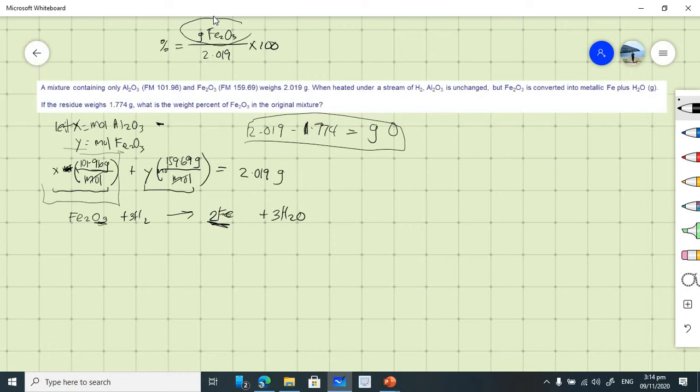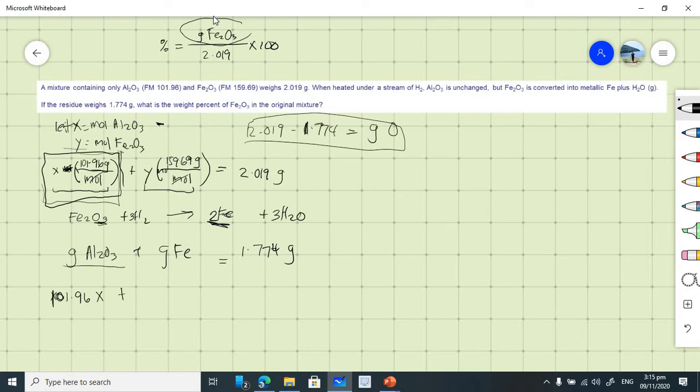So if we proceed, that means this 1.774, right? This is the grams of Al2O3 plus the grams of Fe, which is equal to 1.774. So this mass of Al2O3 is equal to X times this one, this 101.96, so that's 101.96 X. So this is the mass of Al2O3. Plus the mass of Fe.